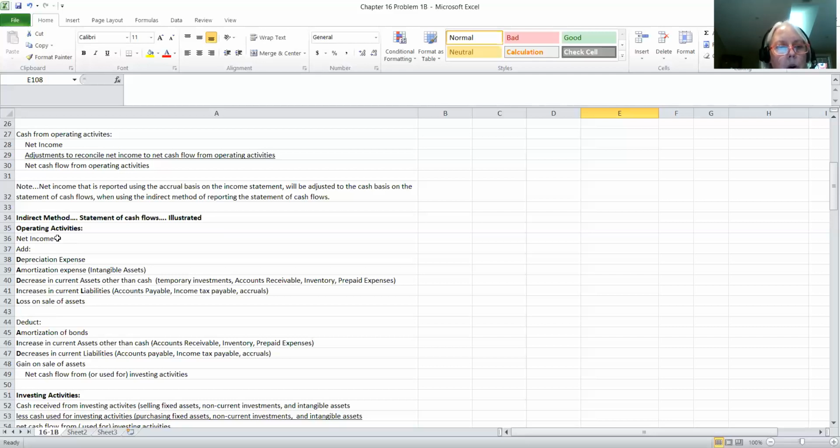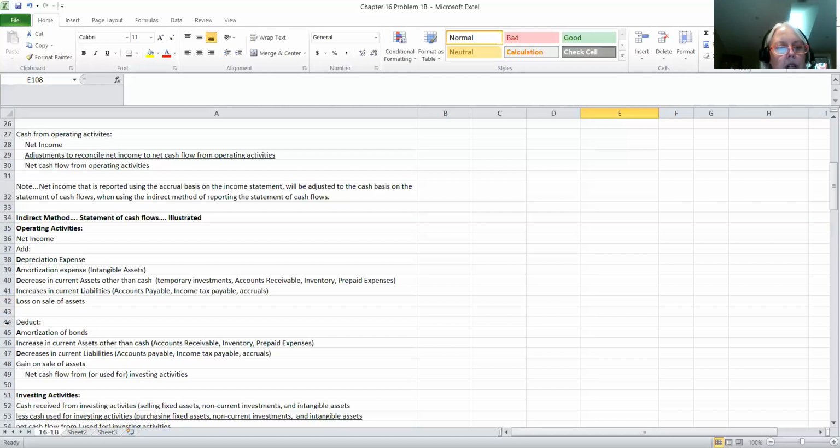On the second part of the operating activities, you're going to deduct the opposite things that add to the net income. So we're going to deduct any amortization of a bond premium that we might incur. We're going to deduct any increases in current assets. Notice it's exactly opposite of the add section here.